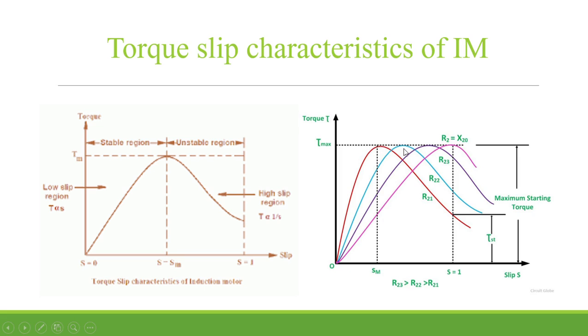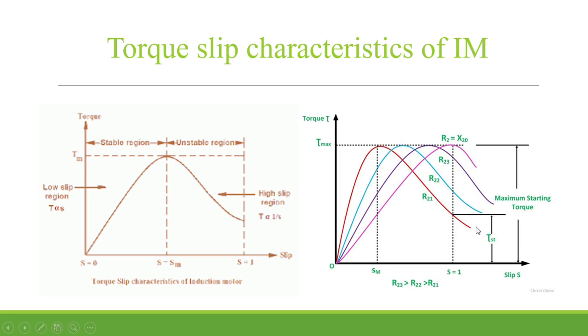If we further increase the resistance, there is further delay. And when the resistance equals the reactance of the rotor, this maximum torque is the starting torque. So the maximum torque can be the starting torque only when this relation holds.